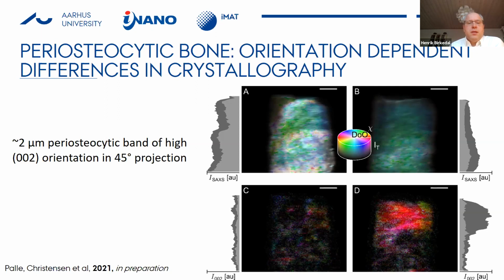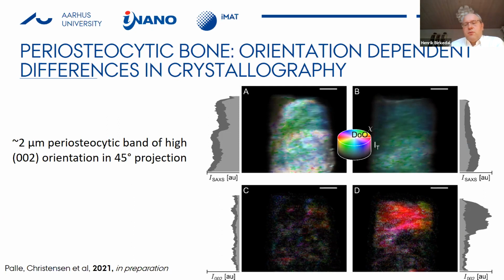So what we can see is that there's a fair degree of alignment from the small angle scattering all over, but systematic variations with distance from the osteocyte, which is at the top. And the whole image across is just 4 microns. At the bottom, we can see that in one orientation, we see a more or less uniform but rather low C-axis signal, corresponding to the crystals being predominantly parallel to the beam.